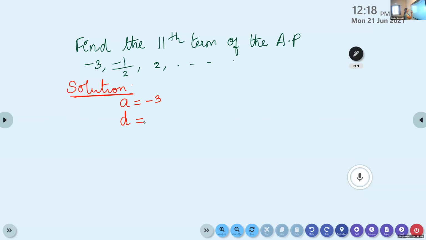Now let us find out D. How to find the common difference? Second term minus first term. Minus 1 by 2 minus -3. So it is the same as minus 1 by 2 minus of minus; negative of negative will become positive 3.